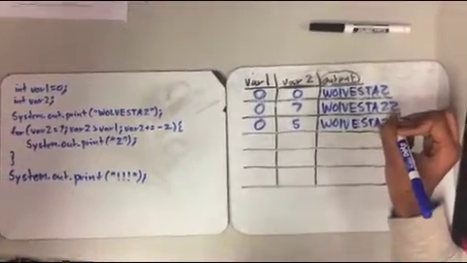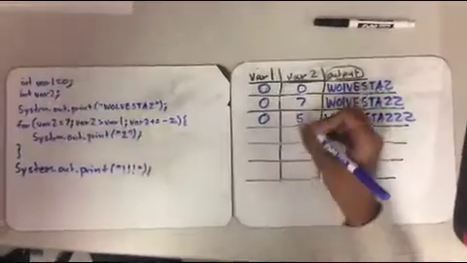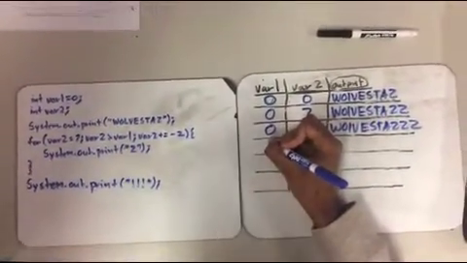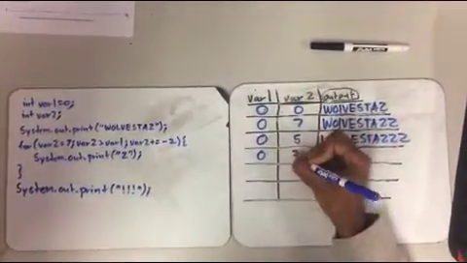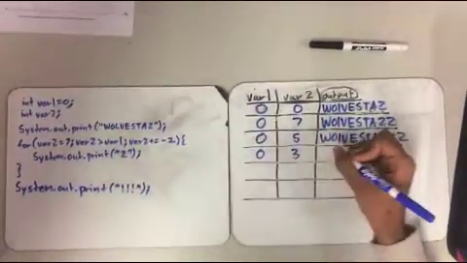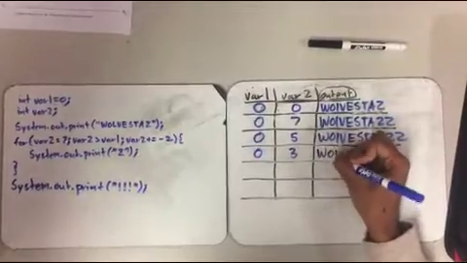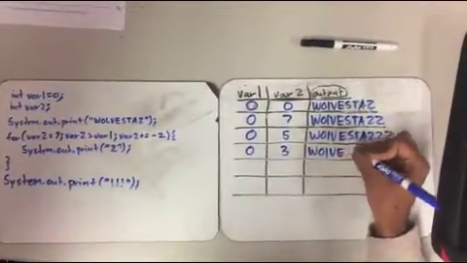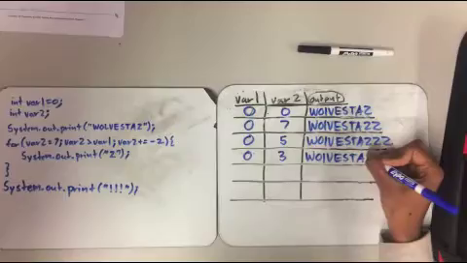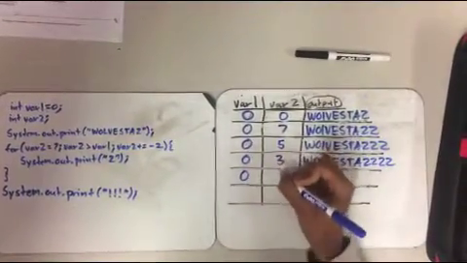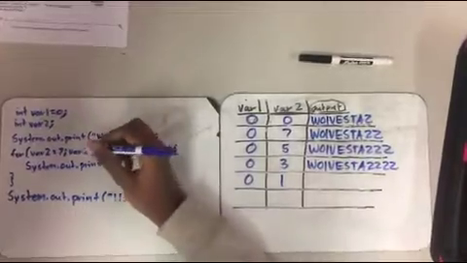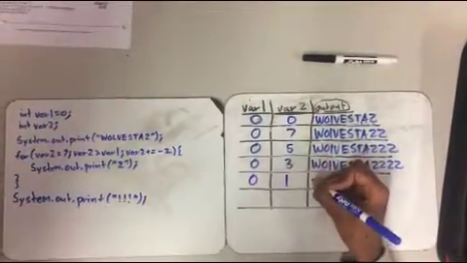And then you do it again. So you still have var1 is equal to 0, and then you have var2 is decremented now to 3. The condition is still true, so you add another z at the end. And finally you do it again, and you still have that this is true, so you do it one more time.